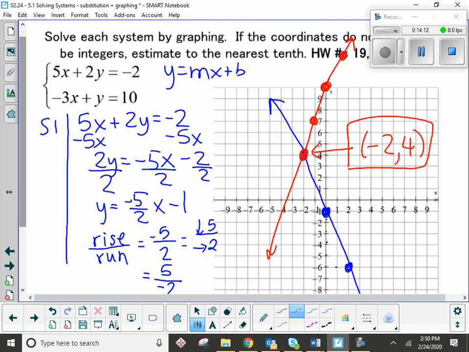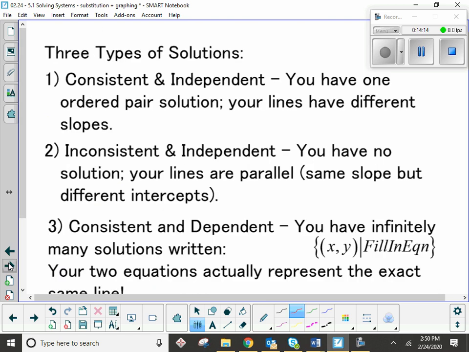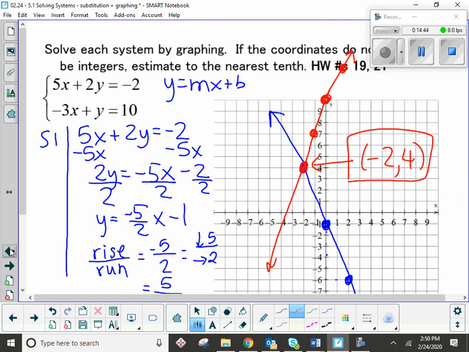Okay. This last thing on the back that I want to talk about is the 3 different kinds of solutions you can get to systems of equations. These are the technical terms for them, and I'm going to tell you a simpler way of remembering what they're saying. Consistent and independent says if you have one ordered pair solution, like this one had only one solution.